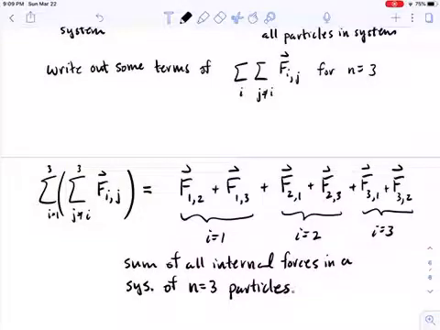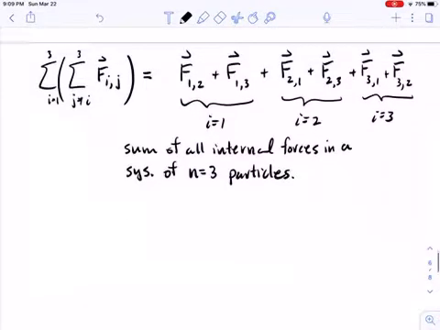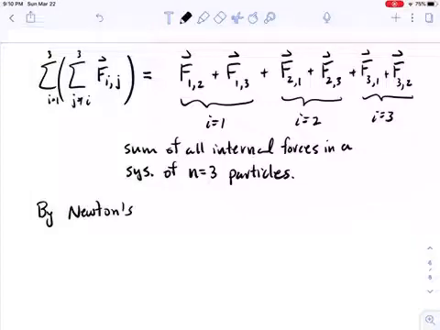All right, fine. But if we just think about this for a second, I think we'll realize that there's quite a simplification that we can make. We have to recall that Newton had his action-reaction law.